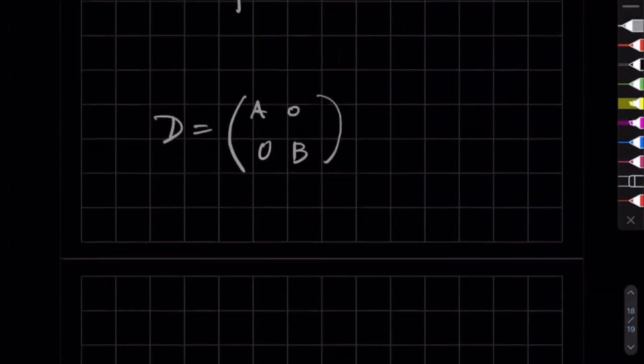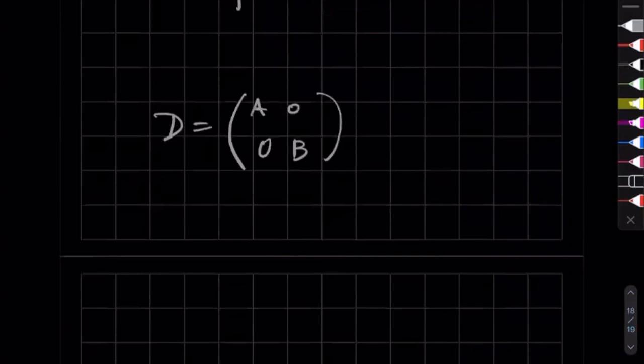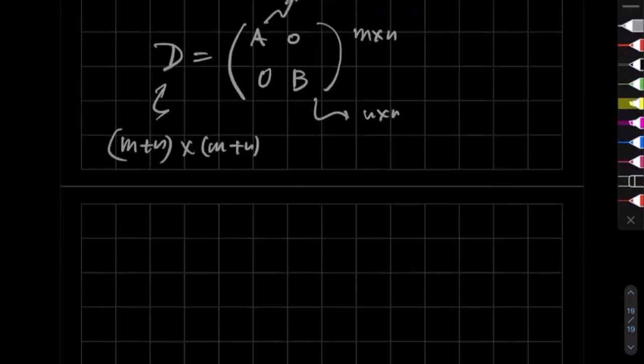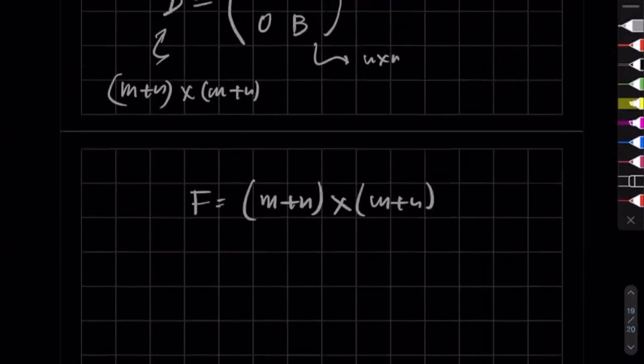So I can take some arbitrary matrix, say B, so this is M by N. So this is M cross M, and say this is N cross N. So D is M plus N cross M plus N. Now, if I have some other matrix, say F, some random matrix that you just cook up, and suppose it's invertible, I say F inverse D F. So I get a new matrix D tilde.